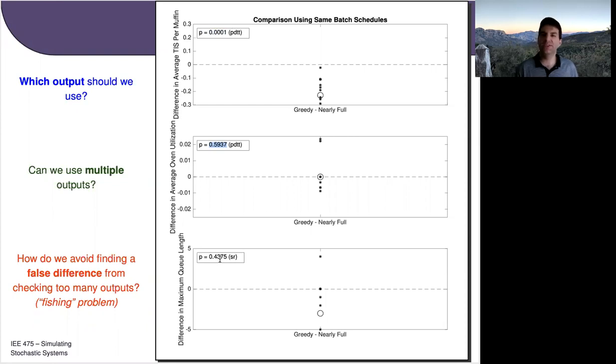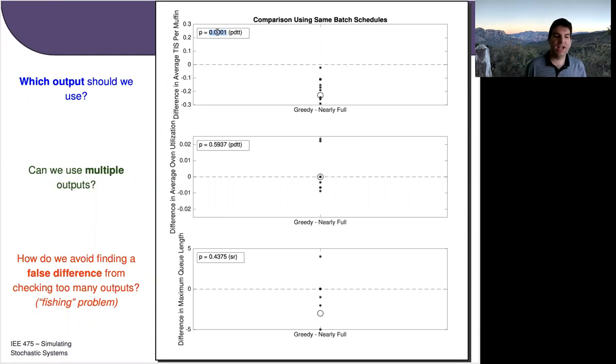So then we run into this, we say, well, maybe you just got lucky by choosing a metric that happened to be different. Because if you think, what is a p-value? A p-value says 5% of the time we're going to detect a difference that isn't actually there. So if you pick a bunch of tests and each one of them has a 5% chance of incorrectly detecting a difference, the more tests you pick, eventually one of those tests is going to detect a difference.